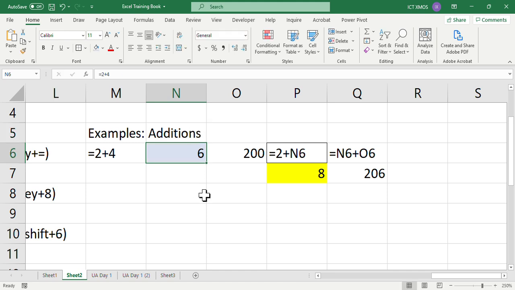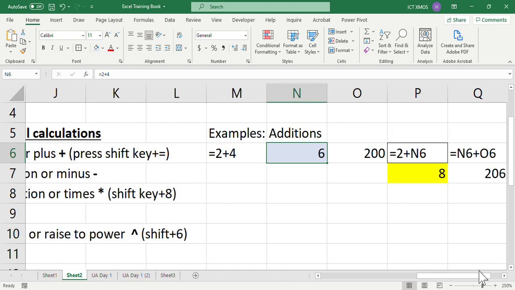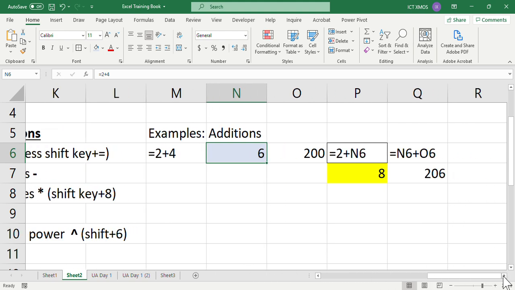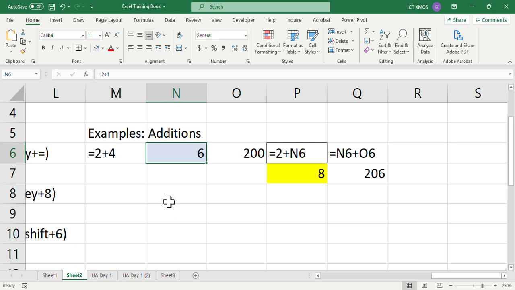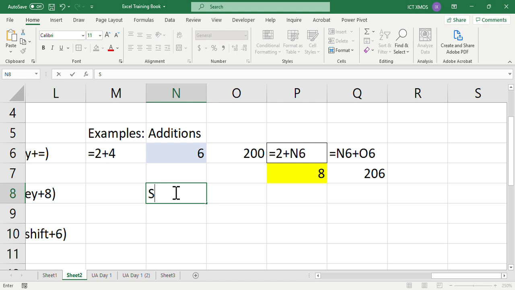So if you go to subtraction, minus. In case of minus, how do we go about it? Same. The only thing we do here, we change the formula. Since you understand this now, let's say subtraction is minus.